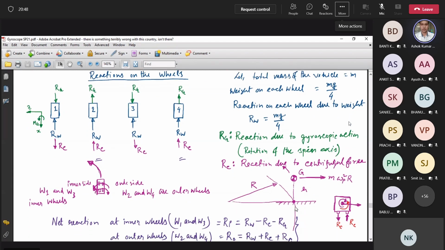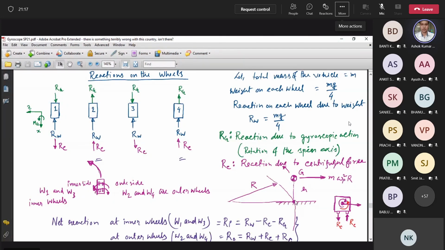Suppose the center of mass of the whole vehicle, the wheels, the body, everything, is at a height h from the road. The whole vehicle has a mass m. So, what is the total centrifugal force acting on this center of mass?